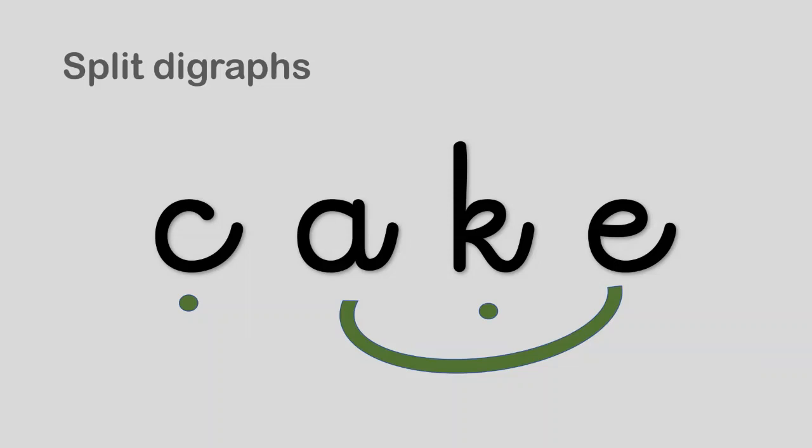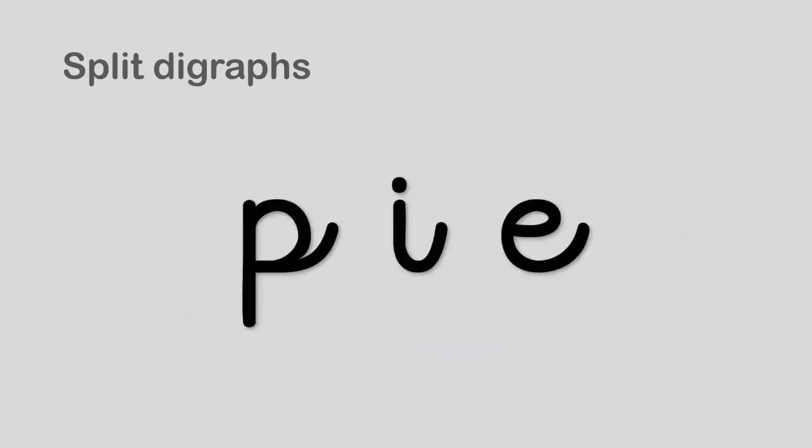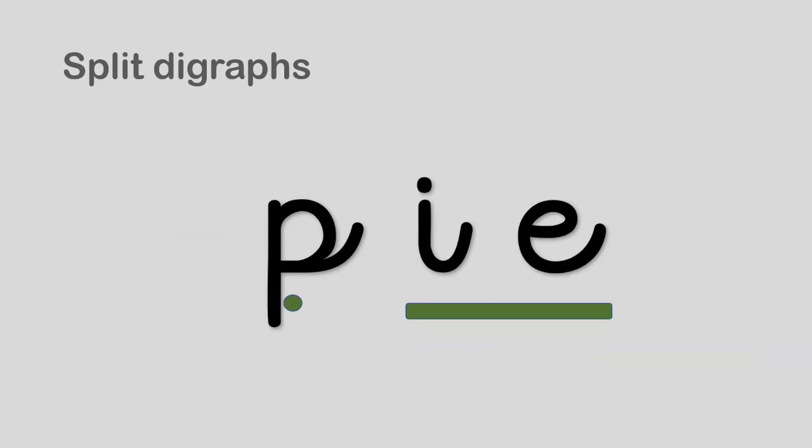I'm going to show you why. So in this word, we have got the phonemes p, I. The p is represented by the single letter P, and the I is represented by the digraph IE. Now let's have a look what happens if we split that digraph.